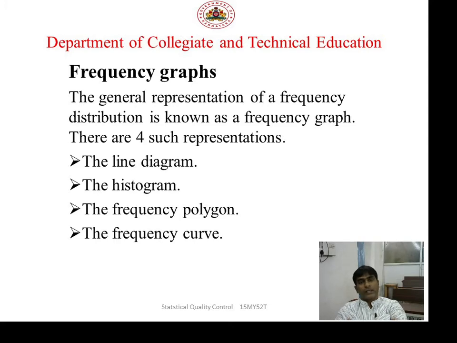Histograms are rectangular blocks, like rectangular buildings, which will be drawn through the class widths. The width of the rectangle will be equal to the class width, and the height of that rectangle block will be equal to the frequency of that class. It is the same as I told you: in cricket, the scoring rate is shown through histograms. We see a lot of buildings at the end overs.